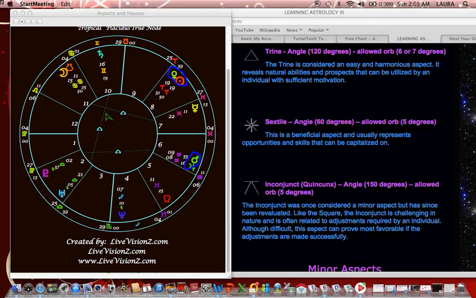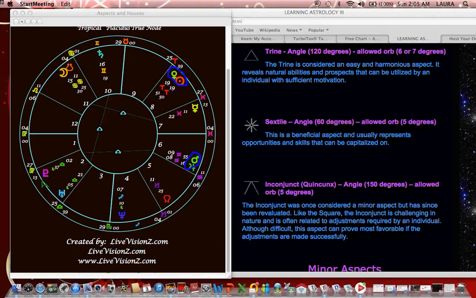And motivation is key, because trines can come into your chart, and if you don't utilize them, you'll lose them. Sometimes people's charts could be so easy in life that they don't get a lot accomplished, because those squares and oppositions are there to help you push and to give you the drive. And sometimes people with a lot of trines don't have that drive, okay? The best thing to do is when you look at your chart and you see where your trines are, you need to know so you can tap into that energy and utilize it for the greater good of yourself.